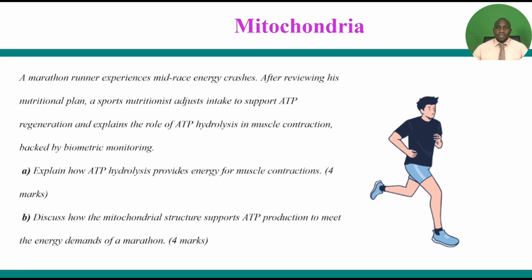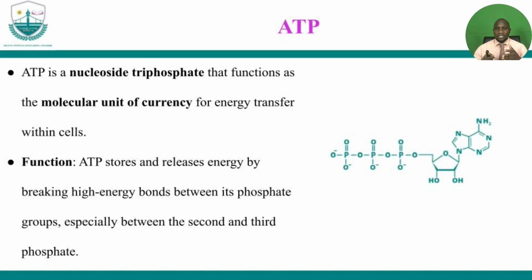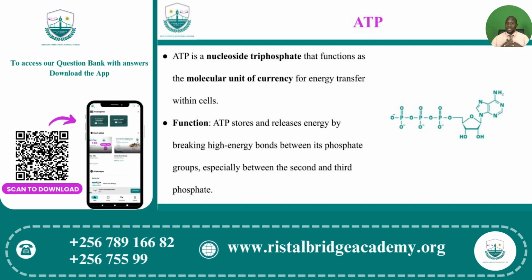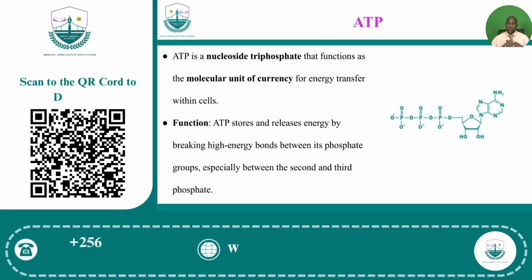Now, how is your body using the energy that you have? We know the process of producing the energy is respiration, anaerobic or aerobic. This energy is in the form of ATP, and to release this energy, the ATP has to be hydrolyzed. Hydrolysis of ATP releases the energy that is very important for different functions, including muscle contraction.